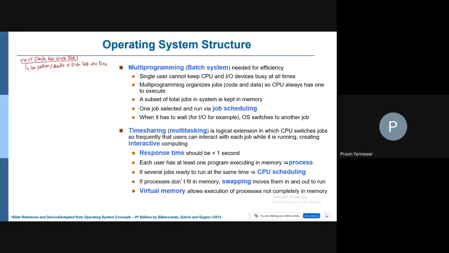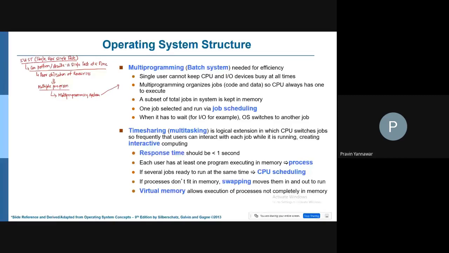People thought that if I'm able to execute only one task at an instance of time, that is actually poor utilization of resources. So people thought we should at least execute multiple programs. That led to the rise of the multi-programming system.